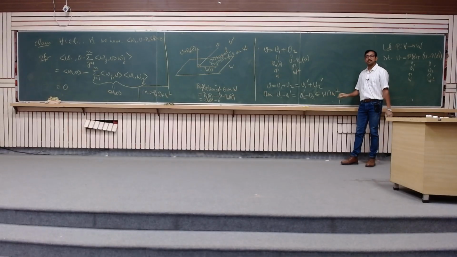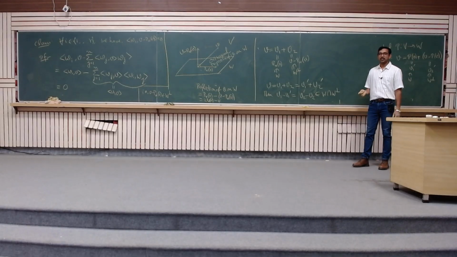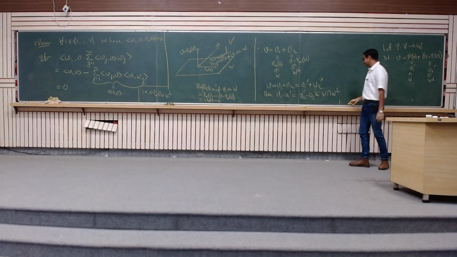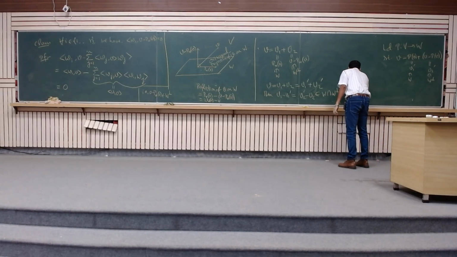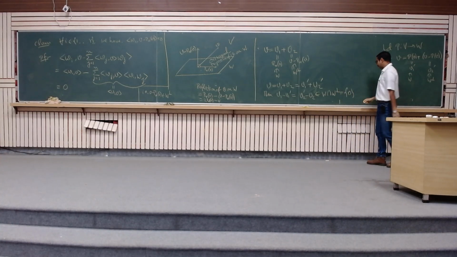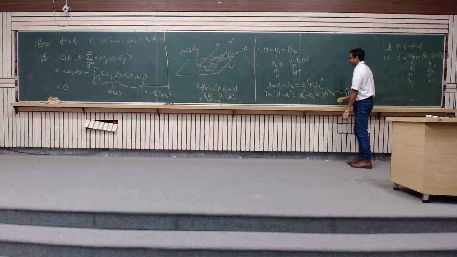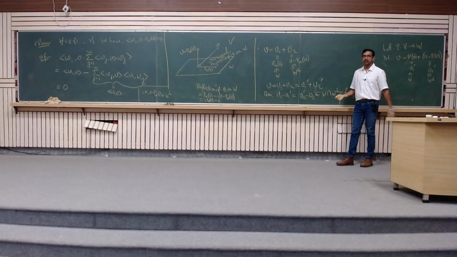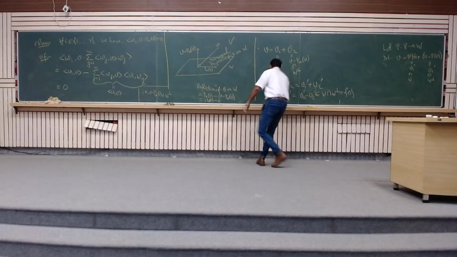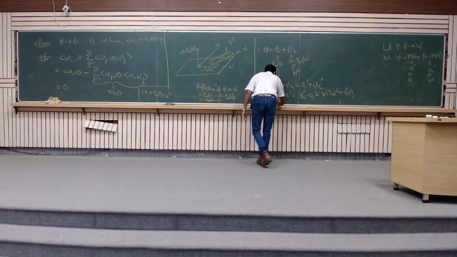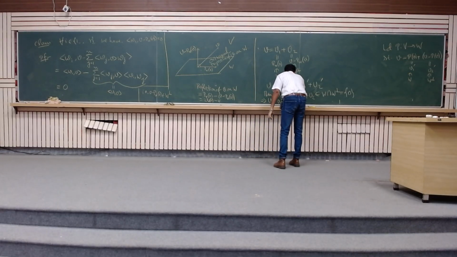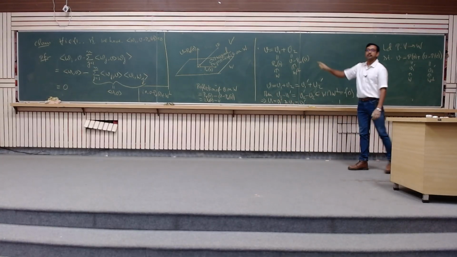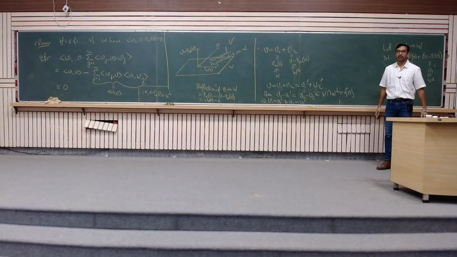Now, what is in the intersection of W and W perp? 0, because the inner product is non-degenerate. So that is 0. And that implies that V1 equals V1 dash and V2 equals V2 dash. In other words, this projection is unique.